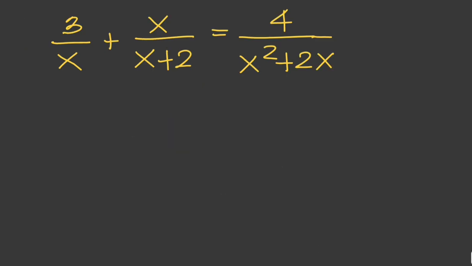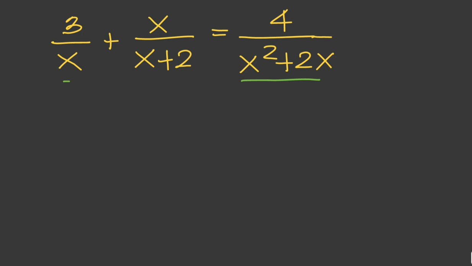So let's say we're given here 3 over x plus x over x plus 2 equals 4 over x squared plus 2x. So the denominators here on the left, we don't need to factor them because they are already in their simplified form. But the denominator here on the right, we need to simplify this or factor this.